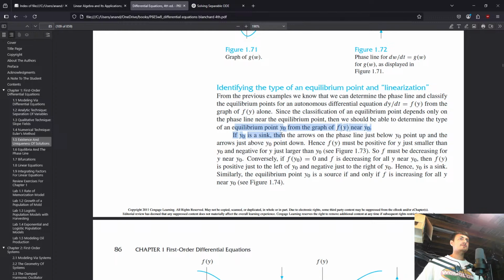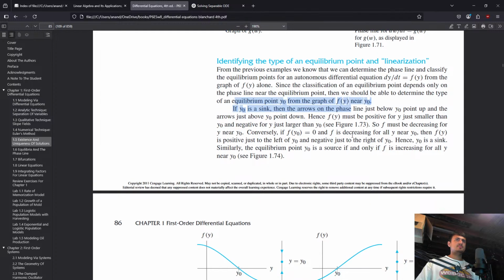If y0 is a sink, then the arrows on the phase line just below point up, and the arrows just above point down.